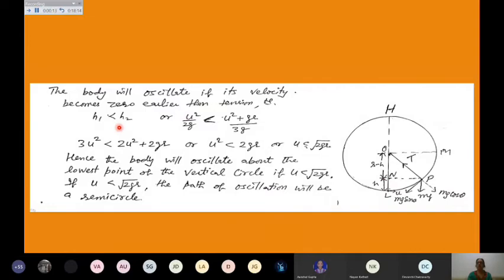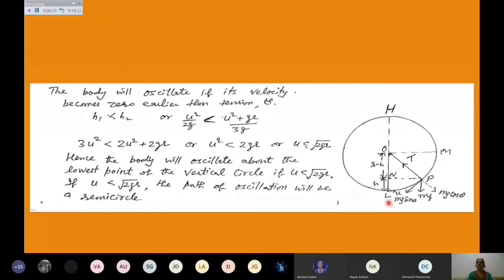Then it means h1 should be less than h2. From there, you find that u is coming out to be less than square root of 2gr. So if speed is less than square root of 2gr, then the body will oscillate at the lowest point of the vertical circle.